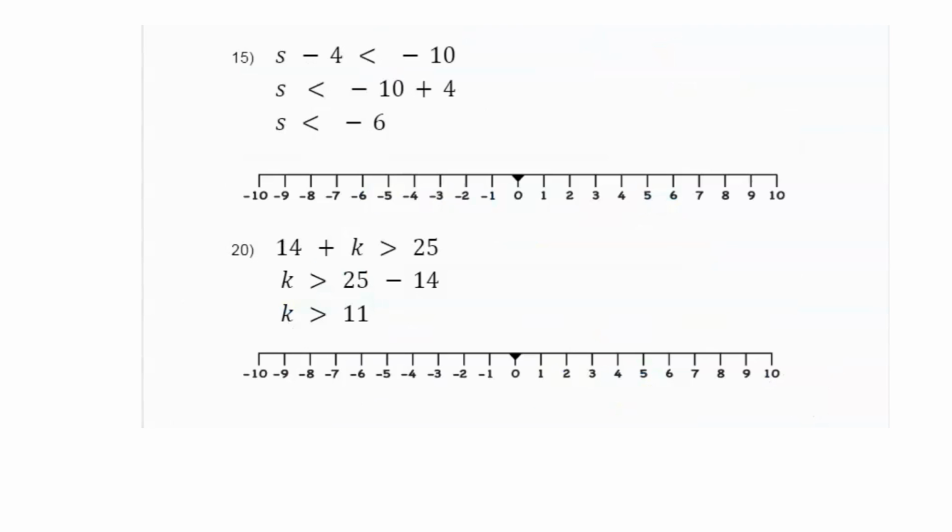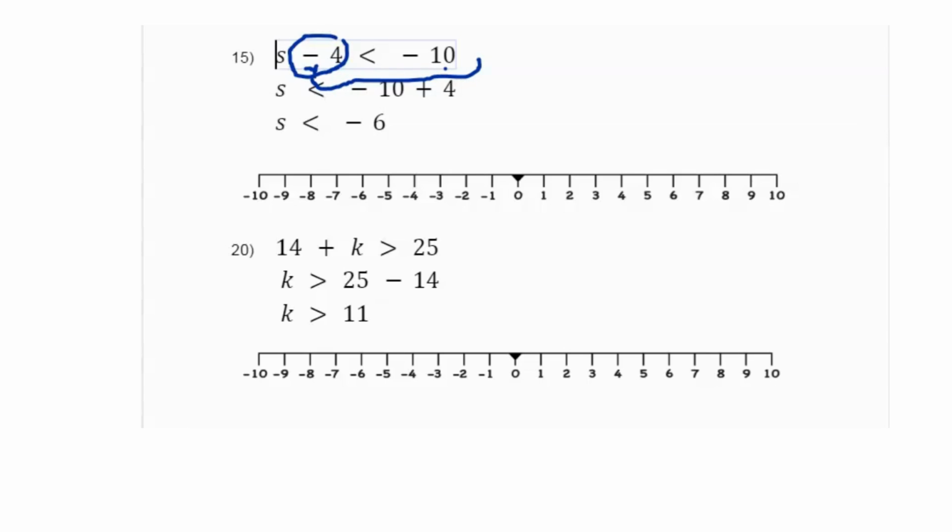See, we have s minus 4 is less than -10. So it's the same thing we've been doing. We'll move this to this side. And the sign will change, because if you add 4 here, it's going to give you 0.